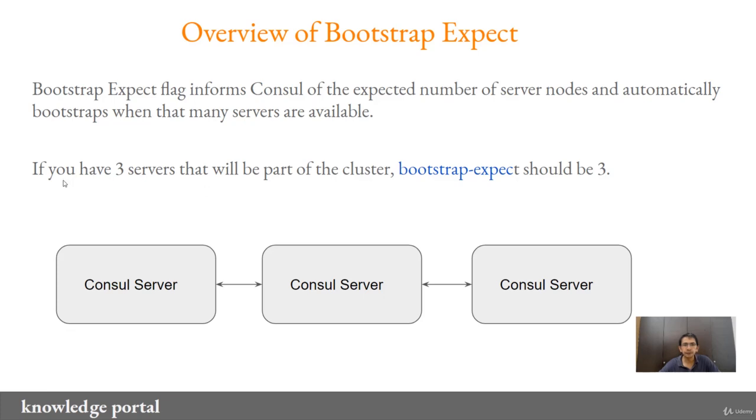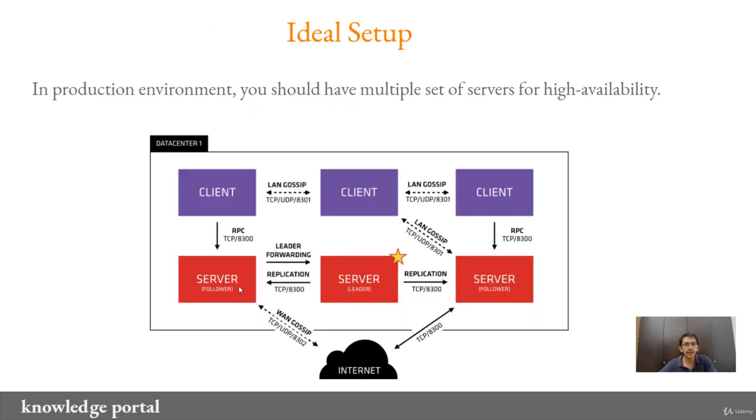For example, if you have 3 servers that are part of the cluster, then you have to set bootstrap expect to 3. So for today's video, we will have 3 servers, all running the Consul agent in server mode, and we'll also look into bootstrap expect so that we have a configuration similar to the diagram that we see here.